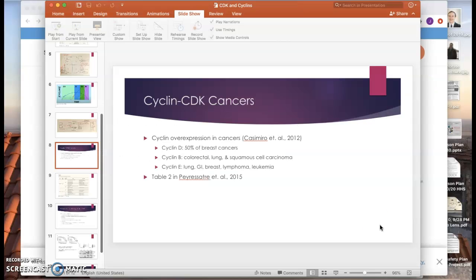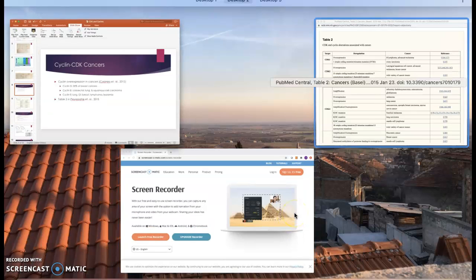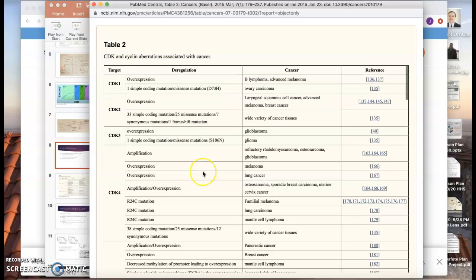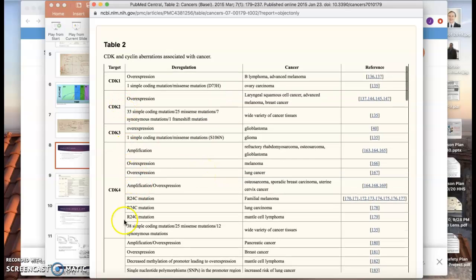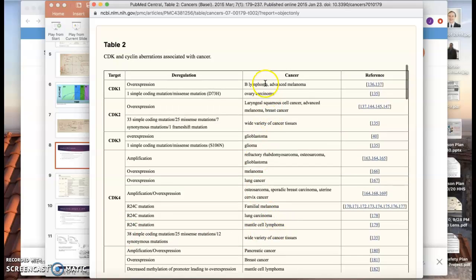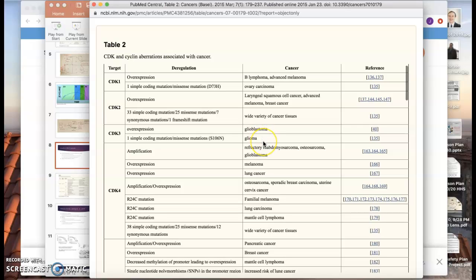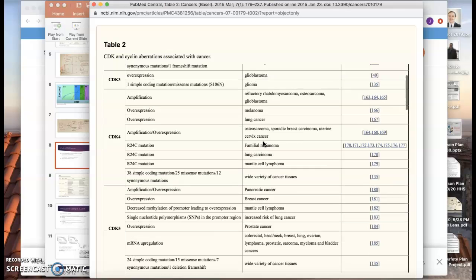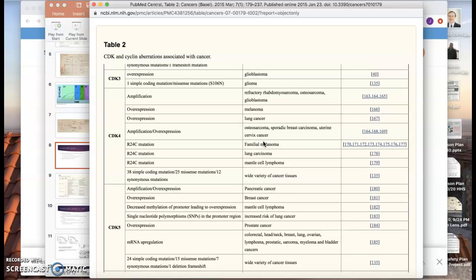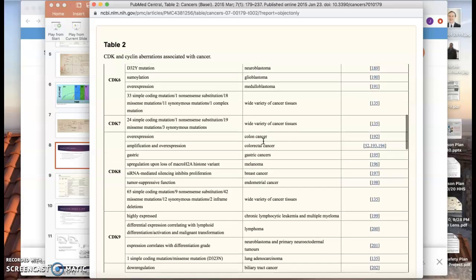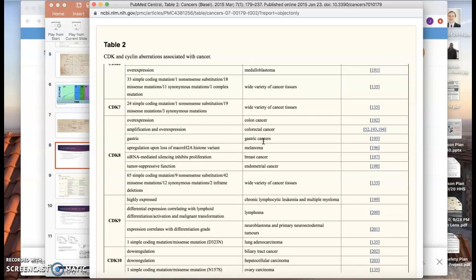And then I want to take a second here to look at this next table. Hopefully you can see it, but there's this whole table of how each of the CDKs here are involved in all kinds of cancer, from melanoma, glioblastoma, adenocarcinoma, all kinds of pancreatic cancer, breast cancer, colorectal, just a huge variety that CDKs have an influence in.